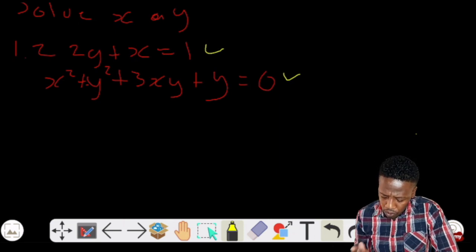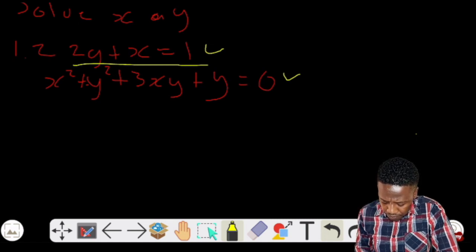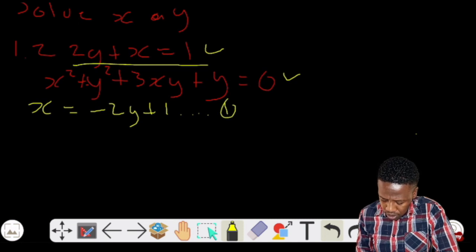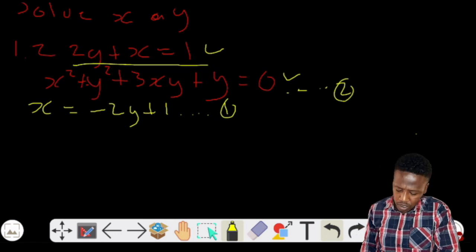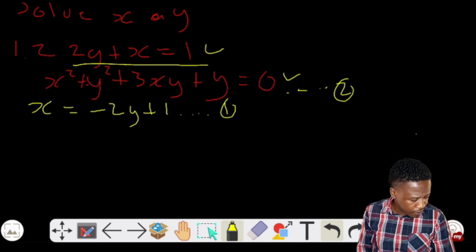I would go for this one here and make x the subject of the formula, meaning I would have x equals minus 2y plus 1, and I would continue and call this my equation 1, and this would be my equation 2, right?